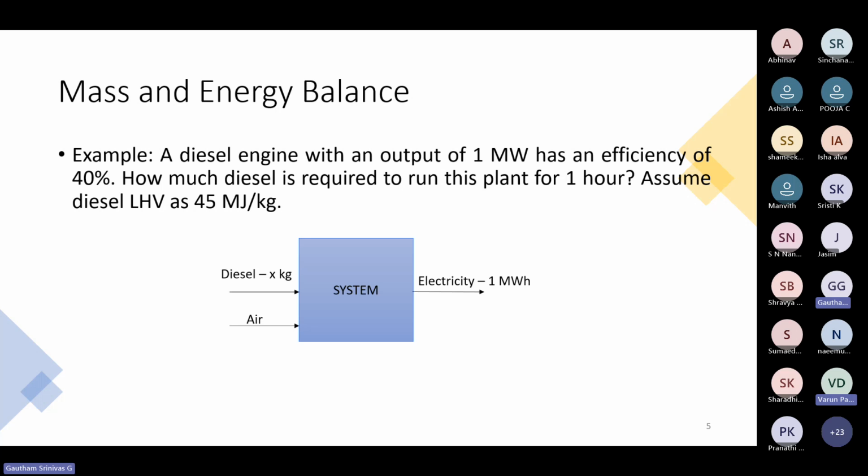Yes, exactly. Now, what does this system do? Like the diesel engine, what does it do? You can see it here, right? The schematics right here.